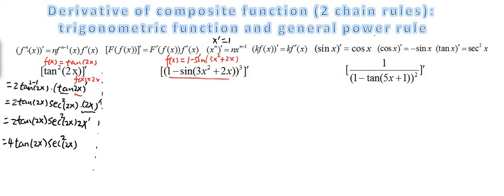Okay, so we're gonna follow the general power rule. n is 3. f(x) to the power n minus 1 is gonna be 1 minus sine 3x squared plus 2x, 3 minus 1, times the derivative of f(x).